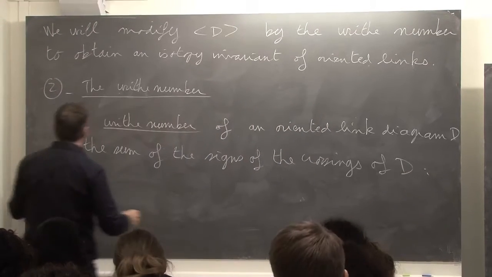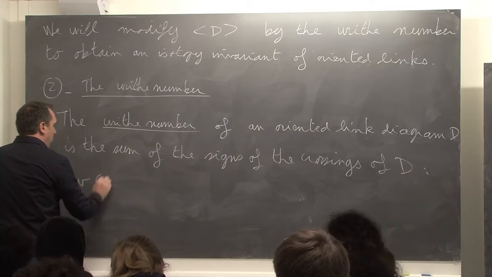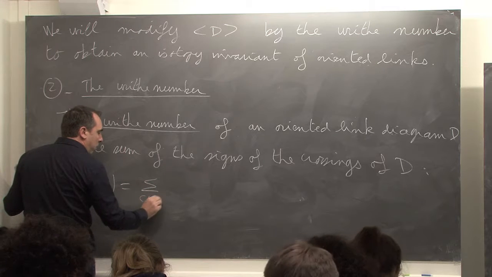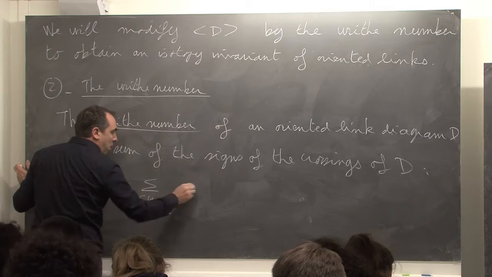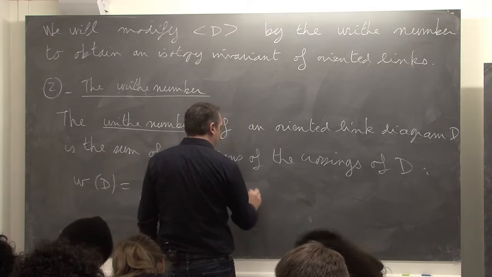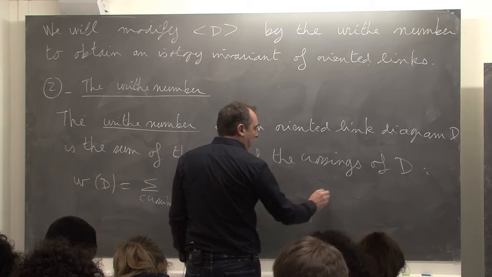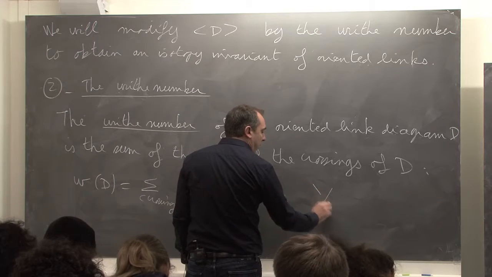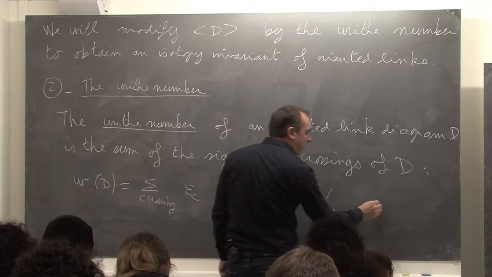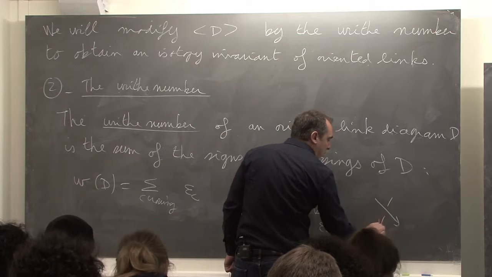And we denote it w(D). This is the sum over crossings of epsilon, and I recall we have this, well, a positive crossing is this, so here epsilon is 1, and a negative crossing is this one.